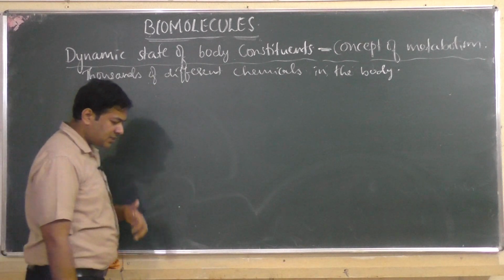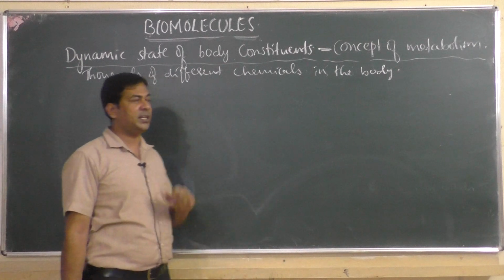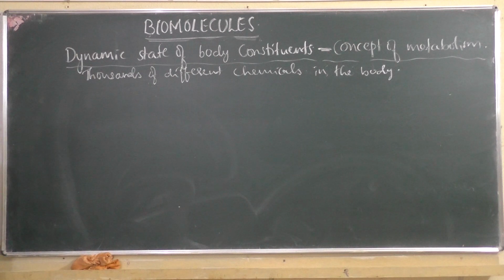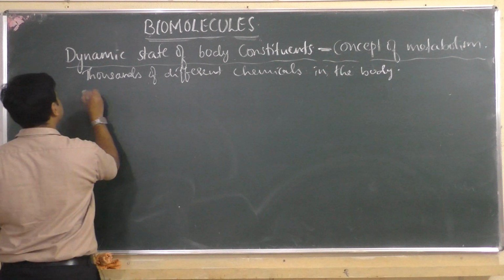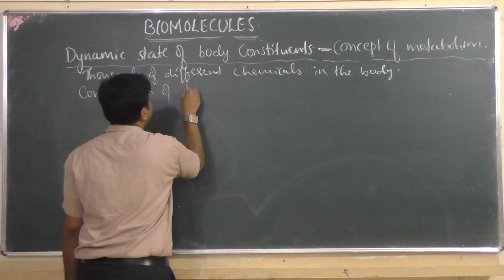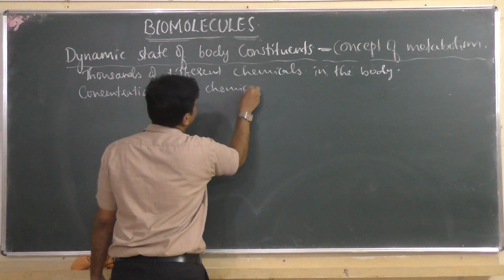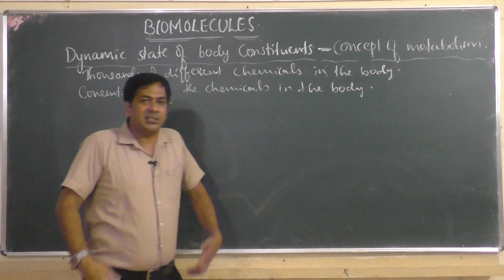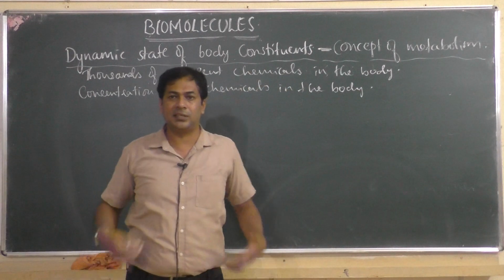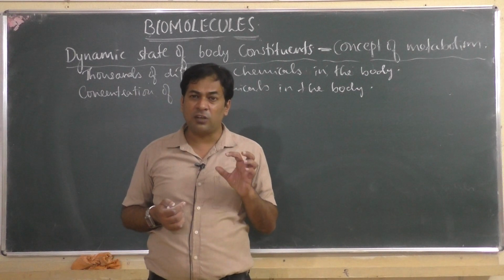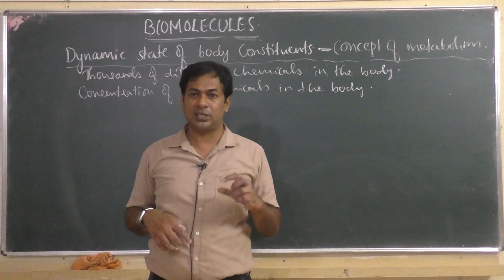Okay, how do we measure these chemicals? In what SI unit, what quantity do we measure? We measure it in a mole, expressed in terms of moles per cell or moles per liter. That is the concentration of the chemicals in the body. Whatever chemicals are there in our body, I said thousands of different chemicals are there. How are these chemicals measured, in what concentration are they there in the body, whether high concentration or low concentration?